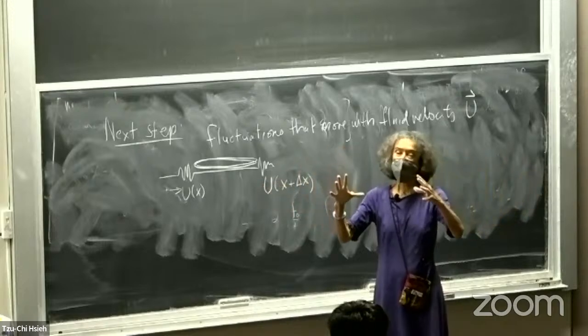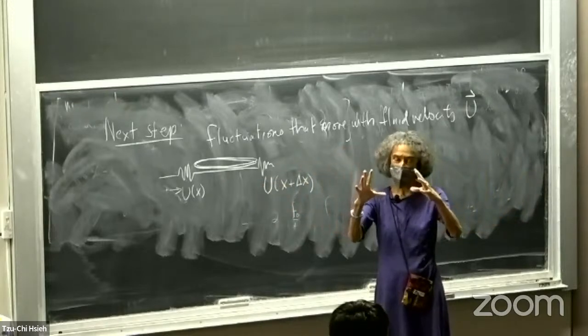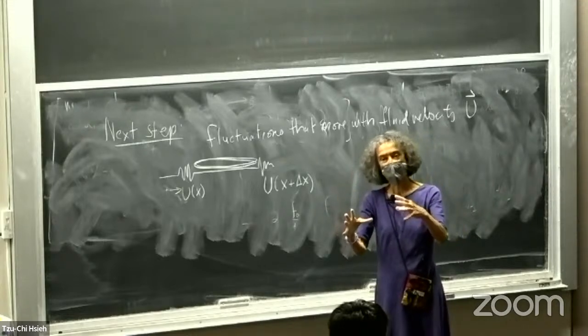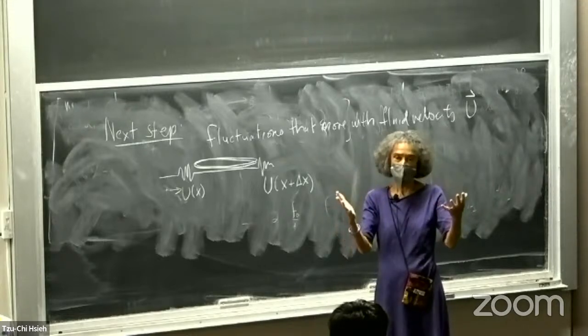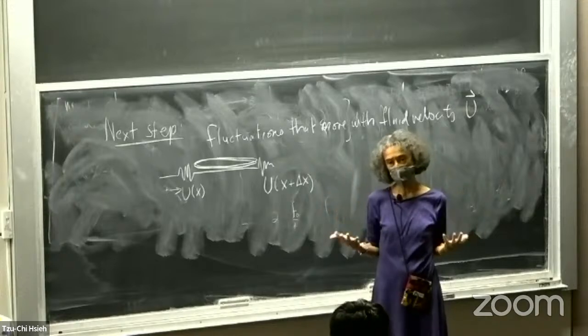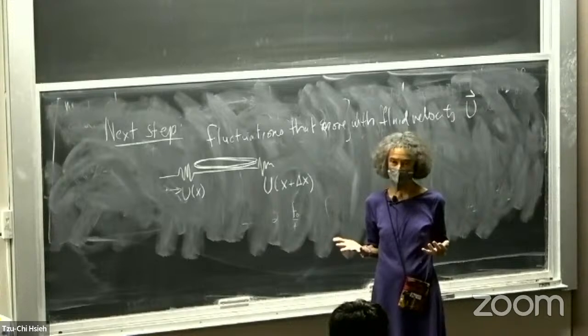And so the fluid velocity and its spatial dependence will leave its imprint on the evolution of the distribution function. And that is our last step in deriving this so-called Parker transport equation.